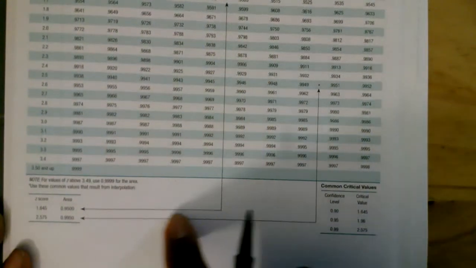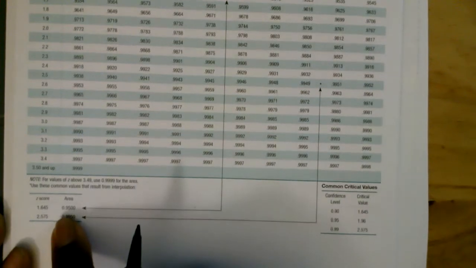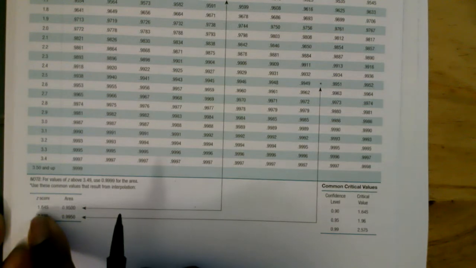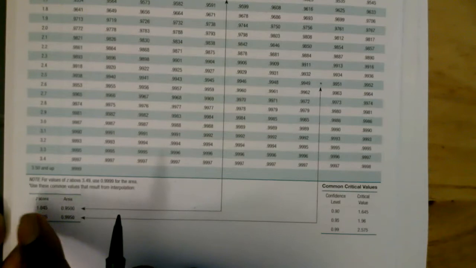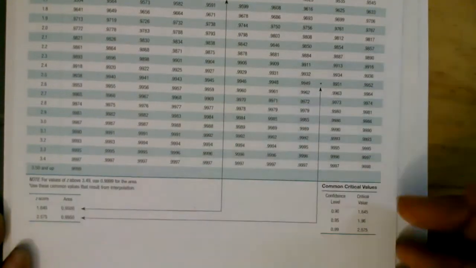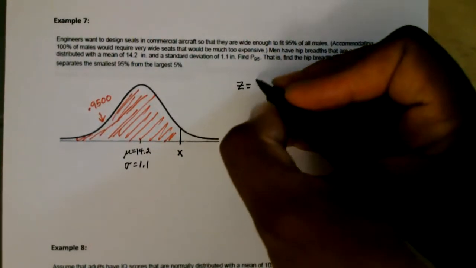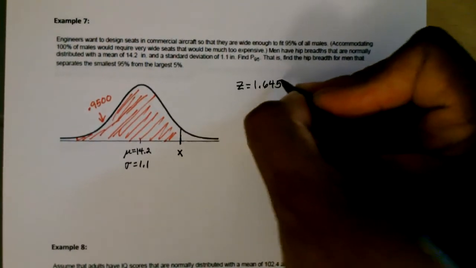Let's follow that asterisk down to the bottom left-hand side of the table. Take a look. That area, 0.9500, the corresponding z-score for it is 1.645. That's one of those special cases that I talked about in the last video for section 6.1. That z value is 1.645.